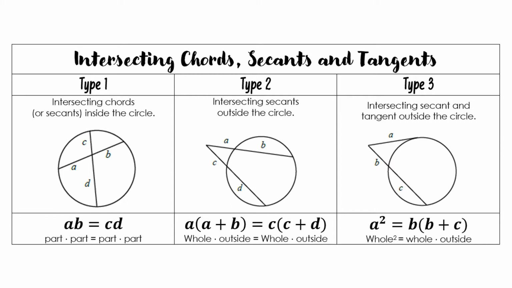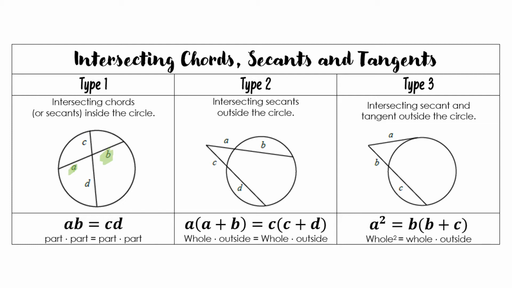To find any missing segment length, you will set up the equation A times B equals C times D. Make sure you're looking at the picture for this. So you're going to take the value of A and multiply it by B. Those are the two parts of that single chord.